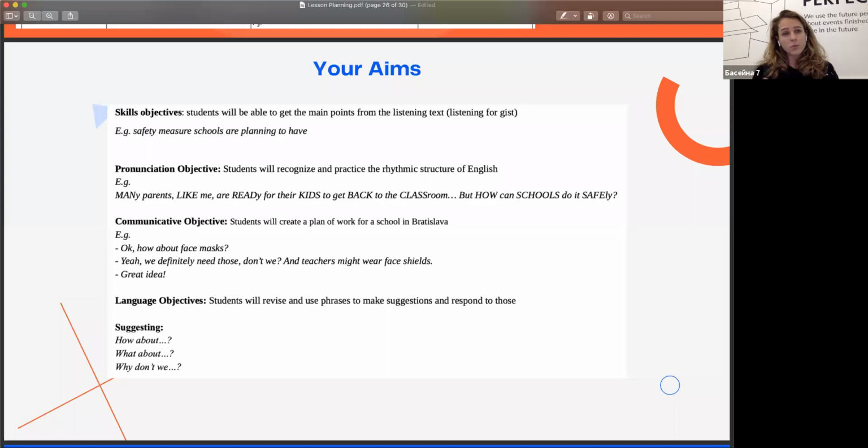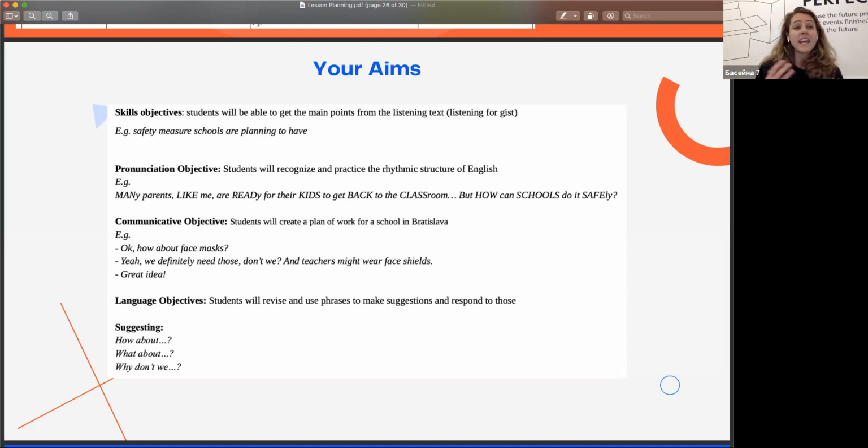I will remind you that we use the communicative approach. So in our case, the main objective is a communicative objective. And then as a sub-aim, we can have a skills objective, such as develop students' listening for gist skill. Or a pronunciation objective, practice sentence stress with my students.